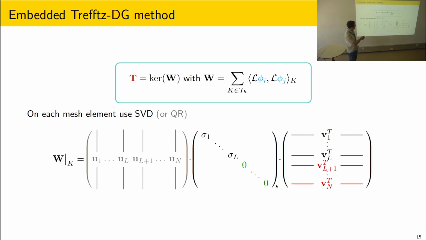Again, this is only element-wise. These matrices are small. We are looking at the 0 block down there. So these are the 0 singular values. And then the embedding will be given by this lower block down here. We can assemble the full projection by taking these blocks, so it will be a block diagonal matrix that gives us the embedding.